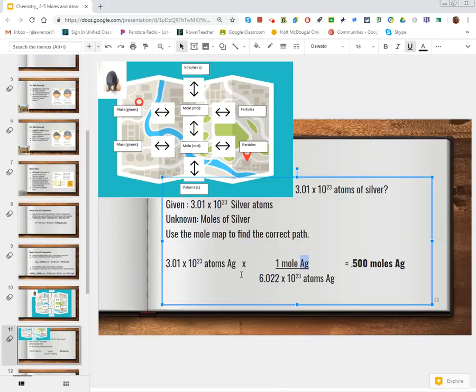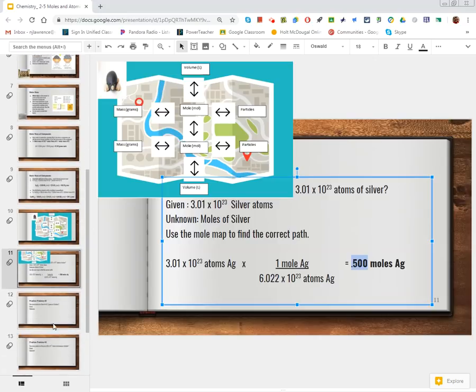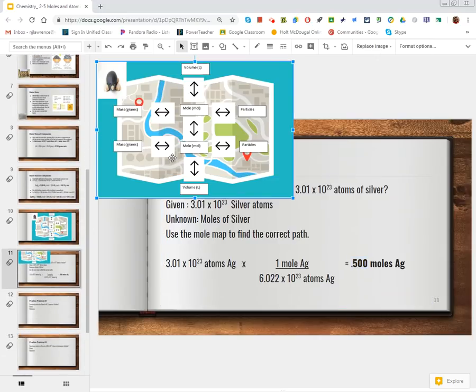So I wrote down what I knew, I followed my units, and then I got my conversion factor. 1 mole equals 6.022 times 10 to the 23 atoms of silver. Multiply it out. Multiply across top, divide across bottom, you get 0.500 moles of Ag. I started with 3 sig figs. I will end with 3 sig figs. Now let's look at the next problem.